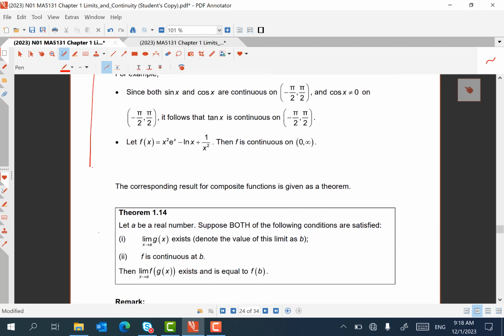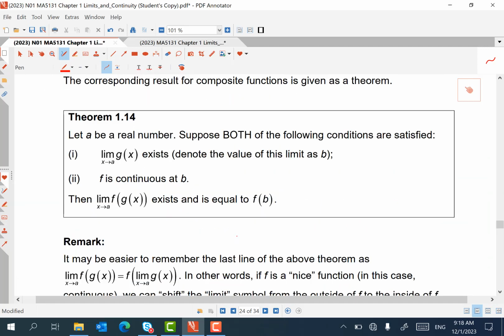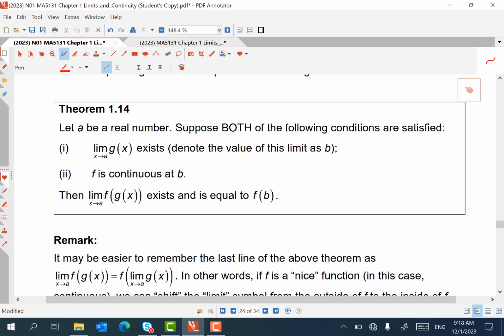This is a very big thing. This one, you got to look at it very, very carefully. For example, like that.